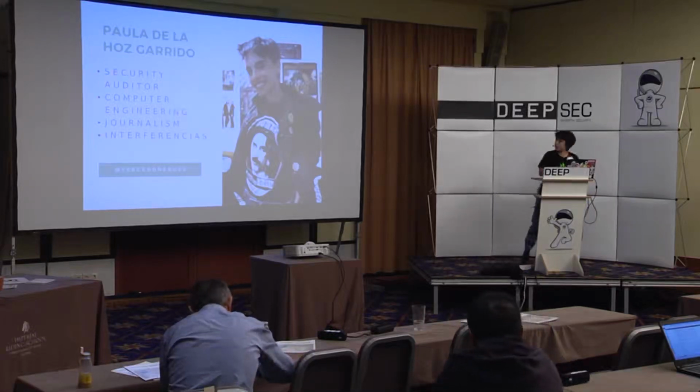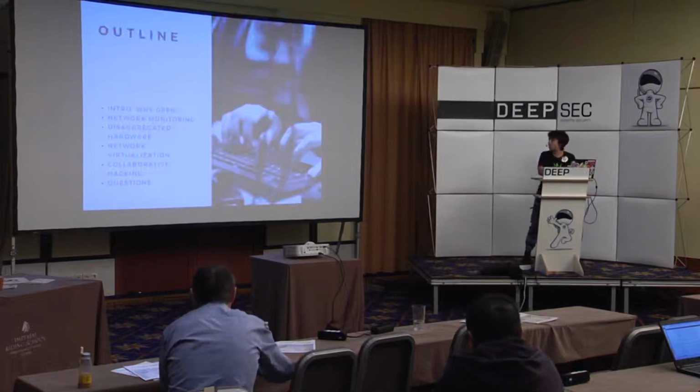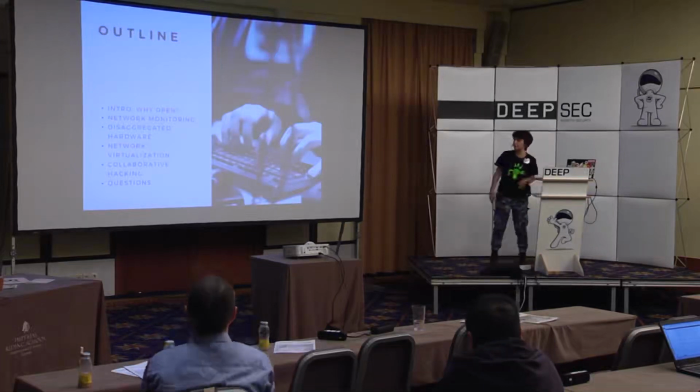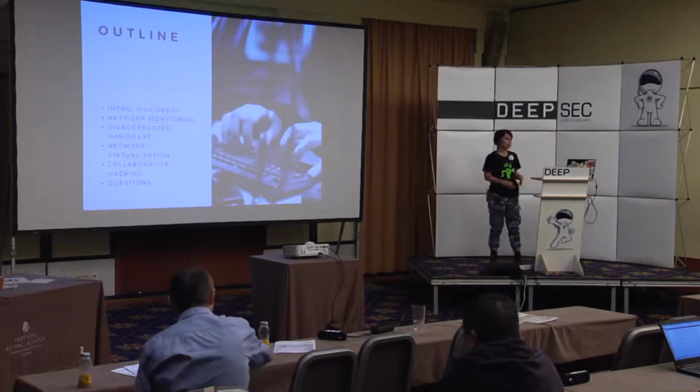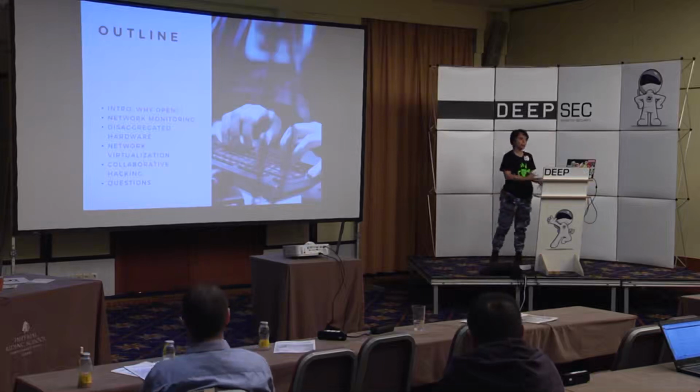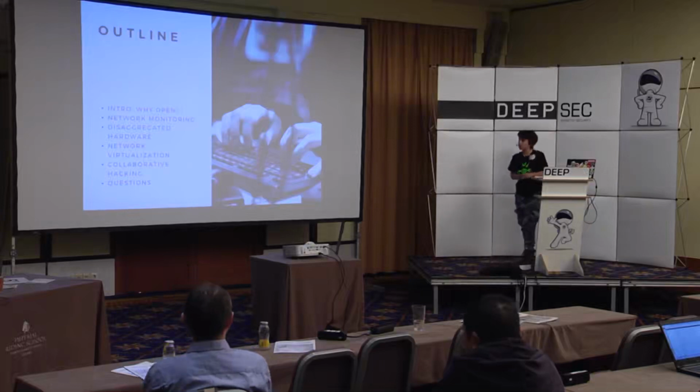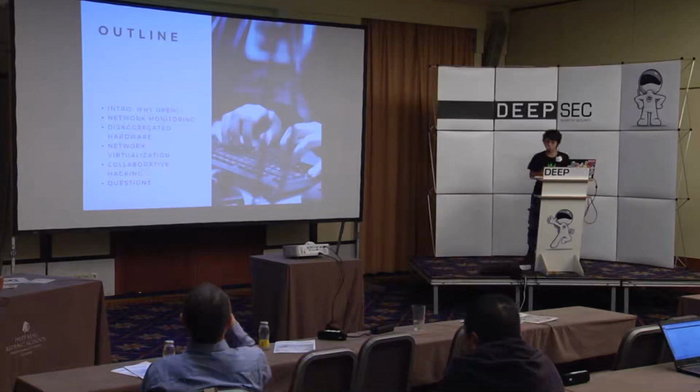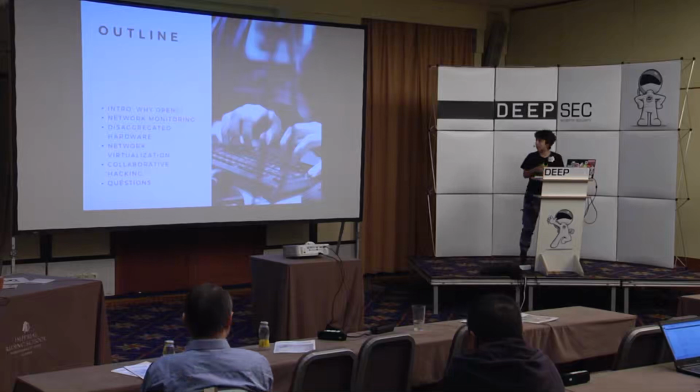But now, today, we're going to speak about network monitoring. So this is the outline. First, we are going to explain why open source, because we are going to explain about open source tools. We are also going to explain a few tools for basic network monitoring, and also about hardware we can use for network monitoring.